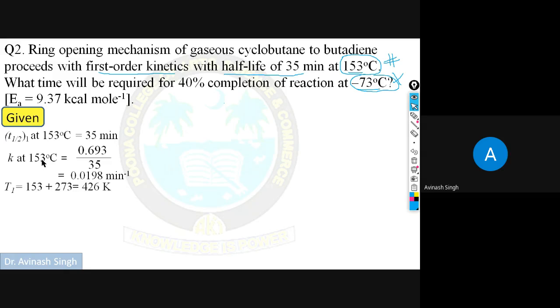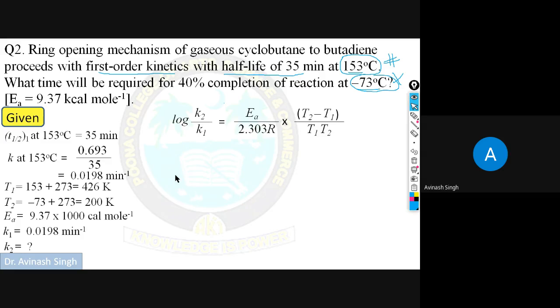So T1 is 153 degrees centigrade, which is 426 Kelvin. T2, we need to find out the K value at this temperature. So T2 is minus 73 plus 273, which is 200 Kelvin. Energy of activation is given. We removed kilo by multiplying by 1000. So this is K1. We need to find out K2. This is T1 and this is the value of T2.